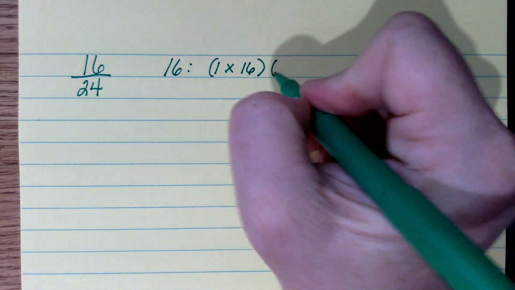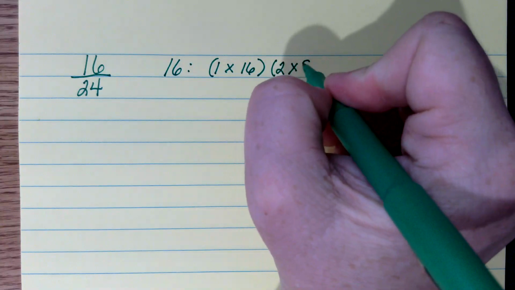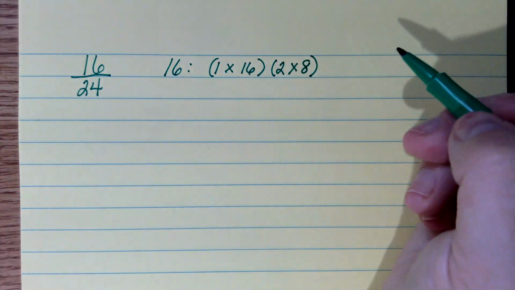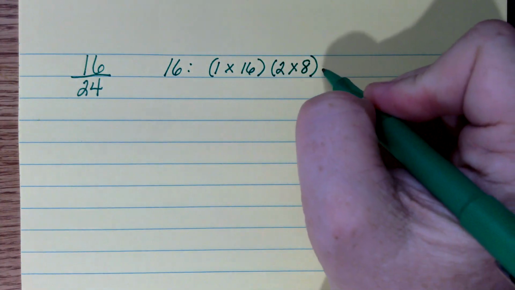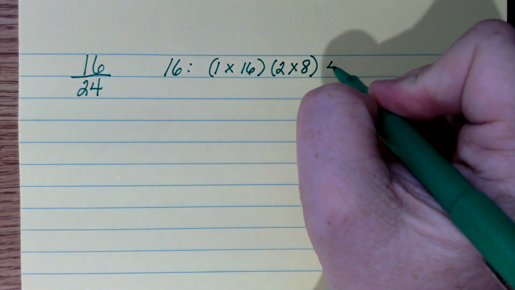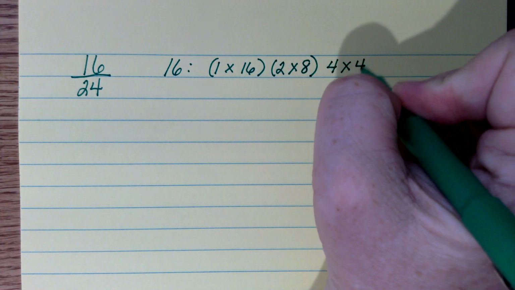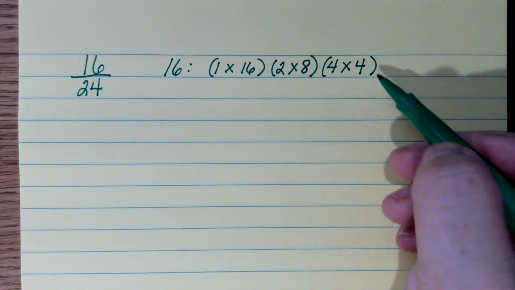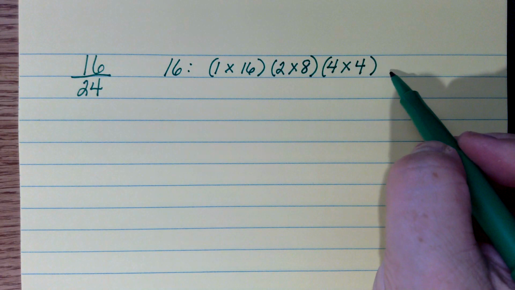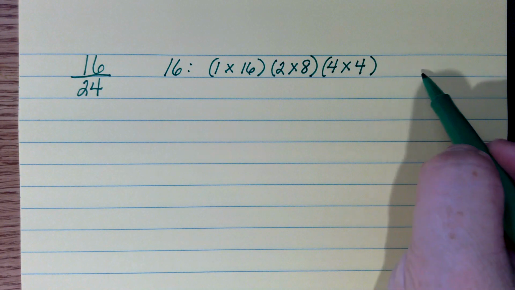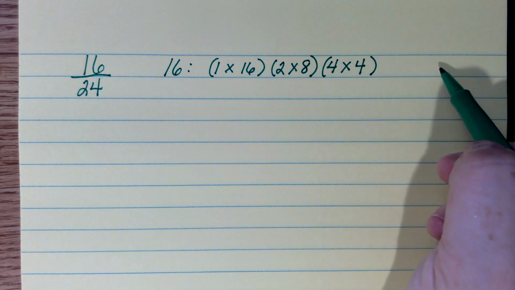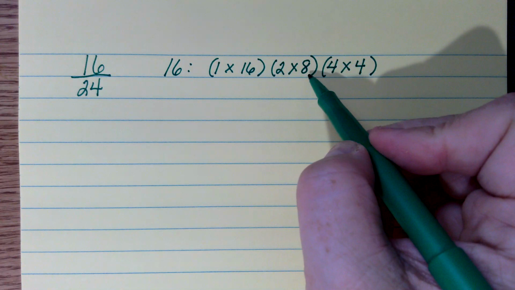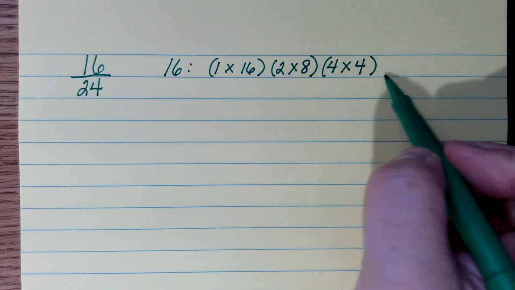I can do 2 times 8. 3 does not go into 16. 4 does go into 16. It's 4 times 4. And at this point, anything I do is going to repeat. I can go 5, nope, 6, no, 7, no, 8, yes, 8 times 2. So it would be a repeat factor. So I don't have to go that far.